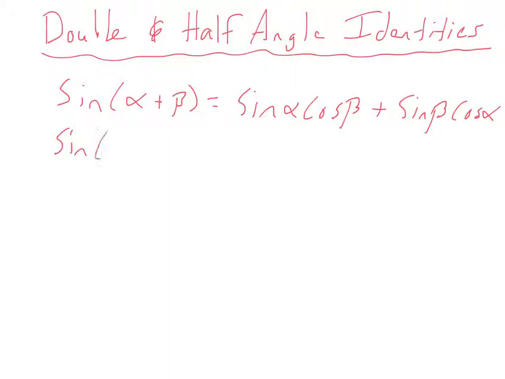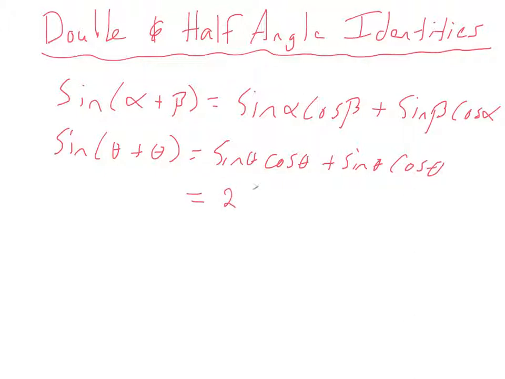What if we went ahead and just substituted theta in for both of those? Then we're going to get sine theta cosine theta plus sine theta cosine theta. And that's just going to combine to be 2 sine theta cosine theta. And theta plus theta is just 2 theta, right?